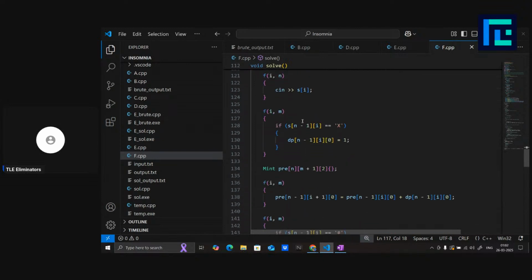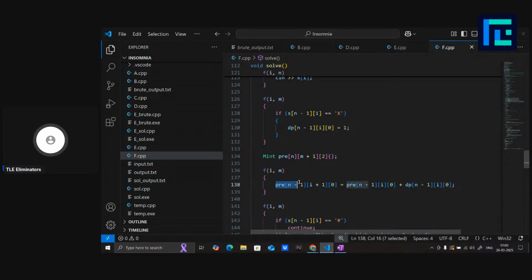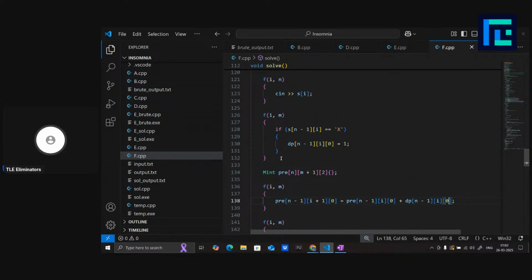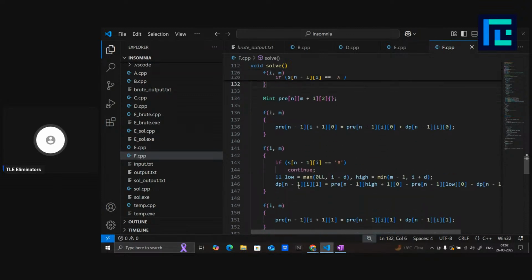So prefix sum of n minus 1 i plus 1 comma 0 is prefix sum of n minus 1 i comma 0 plus dp of n minus 1 i comma 0. So basically I have calculated the dp0 for the last row, and I am just taking its prefix, and the dp1 for the last row I am calculating here.